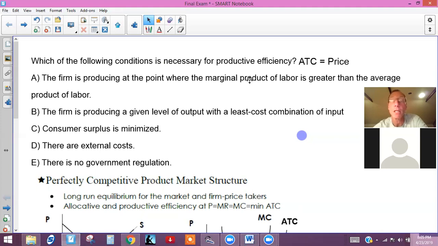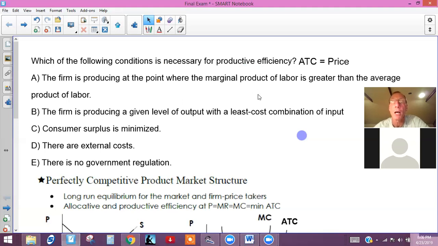So this may or may not be true, but that doesn't really tell us if it's productively efficient or not. So that's not really necessary for a firm to be productively efficient.